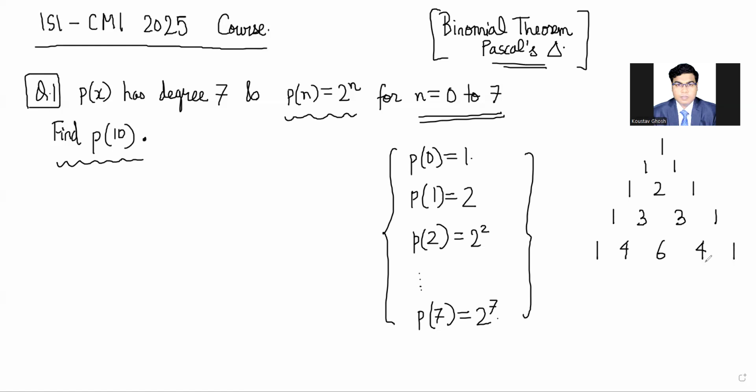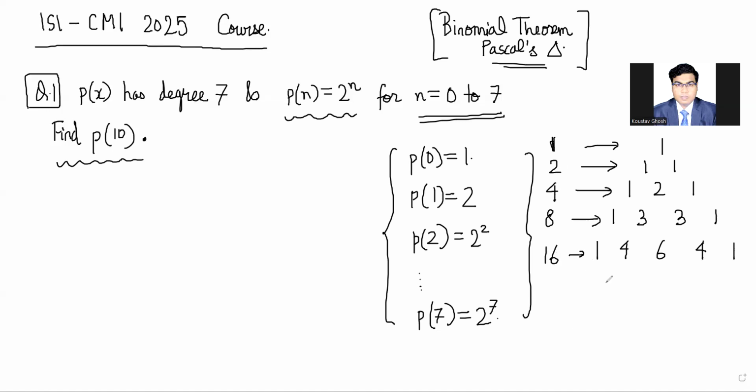This is the situation in Pascal's triangle. So notice one thing, the sum of the elements of each row. What is the sum? This is 1, this is 2, this is 4, what is this? 8. This is 5, 10 plus 4, 14, 16.